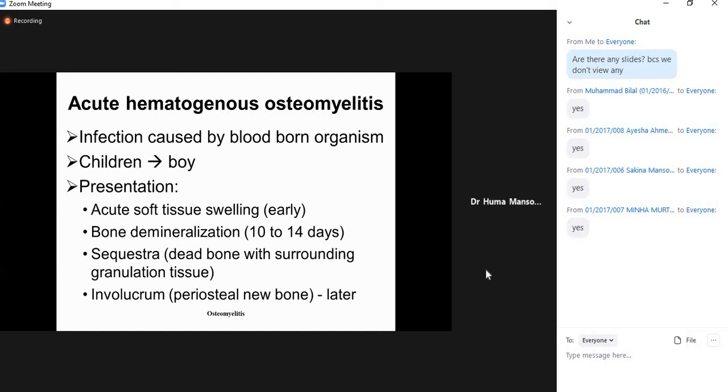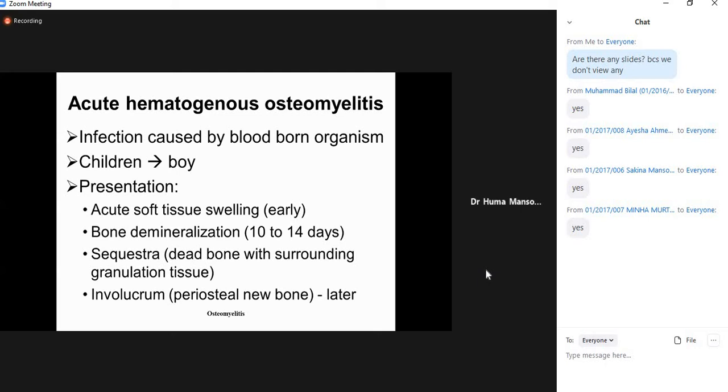This bacteremia can occur from a very petty kind of mucosal injury. How does the bacteria enter? It can be due to prolonged straining during defecation, especially in children, or if they are chewing very rigorously.